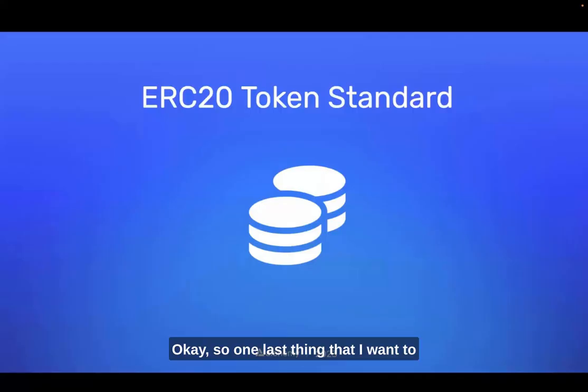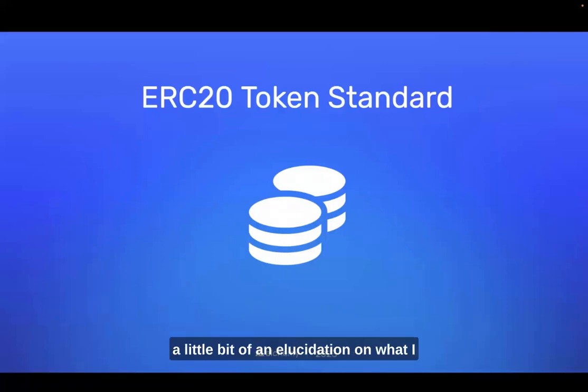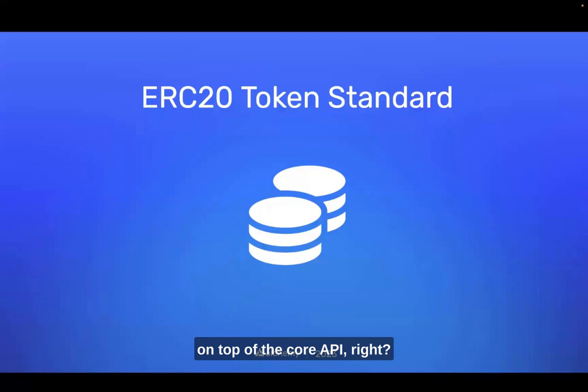Okay, so one last thing I want to dive into, which will give us a bit of elucidation on what I just talked about, is the ERC20 token standard. I mentioned this idea of having abstractions on top of a blockchain. When we talk about token standards, or any smart contract standard, this is something that lives on top of the core API.